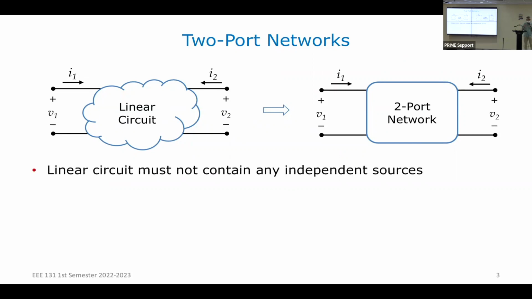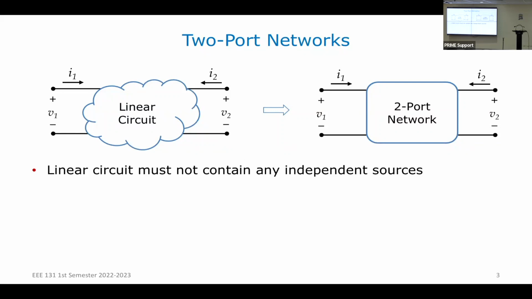Now the caveat is this: your linear circuit must not contain any independent sources. Pag sinabi natin linear circuit, ang ibig sabihin nun, your elements are linear elements. So what are your linear elements? You have your resistors, your inductors, your capacitors, okay? And then your linear supply voltages.